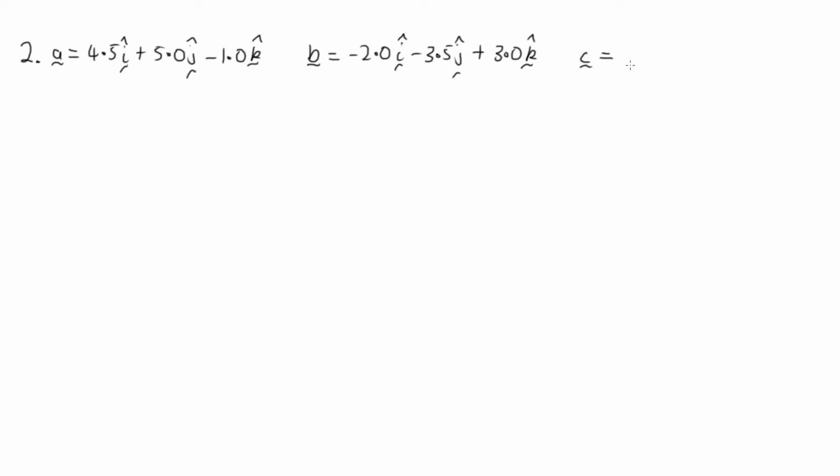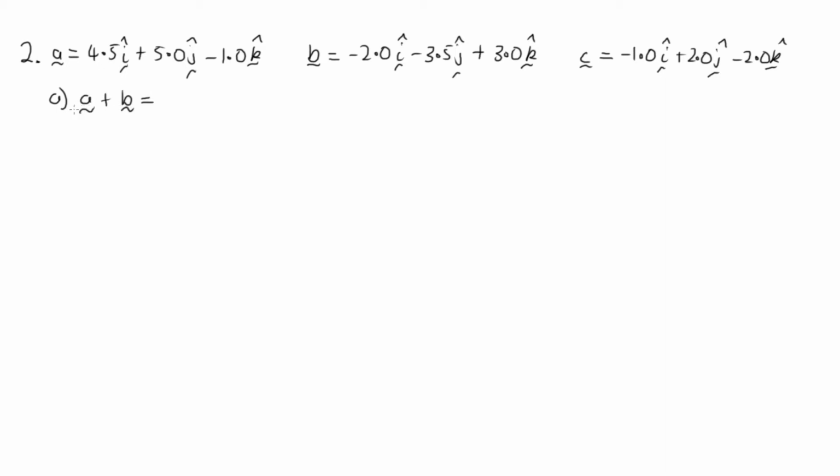And C is equal to minus 1.0i plus 2.0j minus 2.0k. And in part A, we're asked to find A plus B.